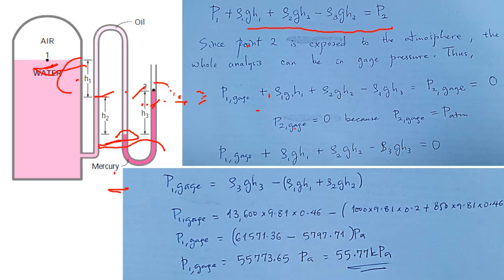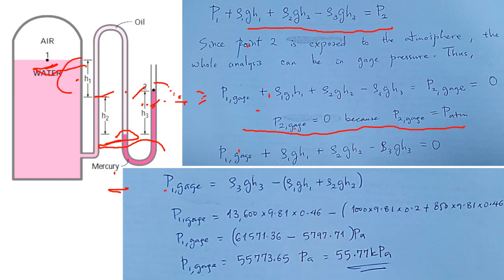So that is what you see in the analysis here. So P1 gauge plus rho 1 gh1 plus rho 2 gh2 minus rho 3 gh3 would be equal to P2 gauge, which is actually equal to 0.